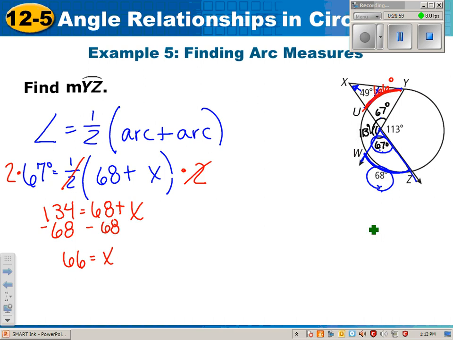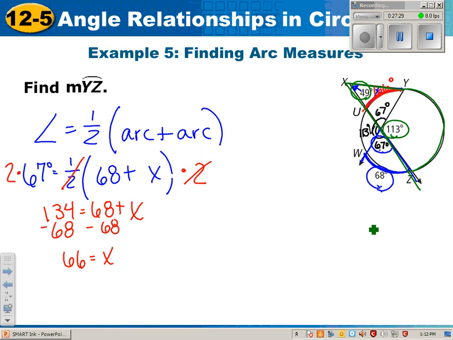So now I'm back over here with what I'm looking for, arc YZ. I know this angle. I know I'm looking for this arc. I know this angle's 49. I know the outside angle should be half the measure of the arc that it intercepts, big arc, and the little arc that it intercepts, subtracting that.